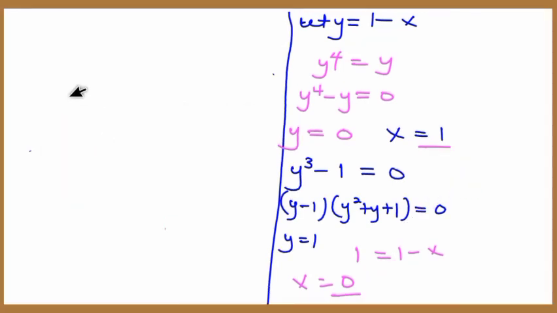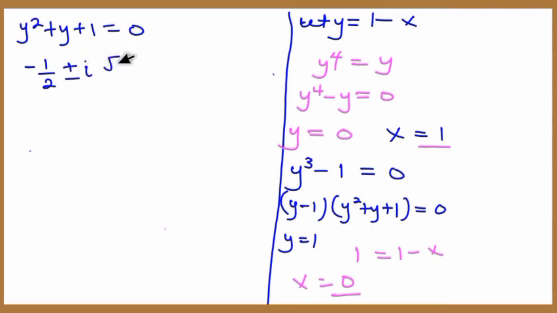So now I'll have my y to the power 2 plus y plus 1 equals 0. Now using the quadratic equation without wasting much time, our final solution will be negative 1 divided by 2 plus or minus complex root of 3 divided by 2.